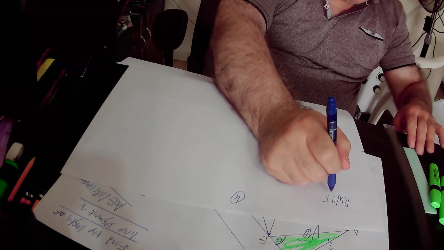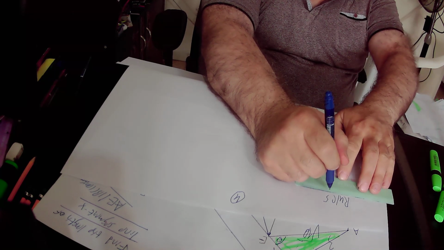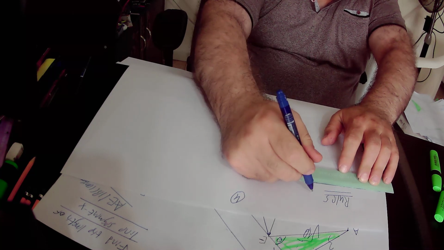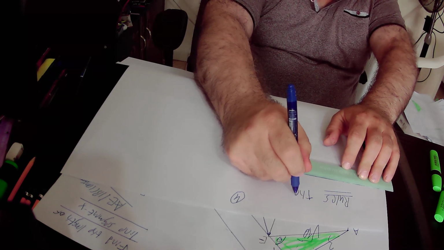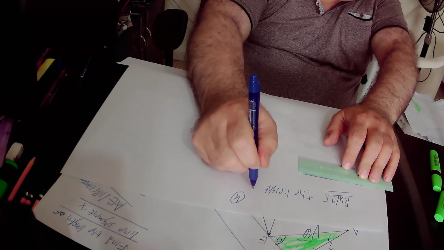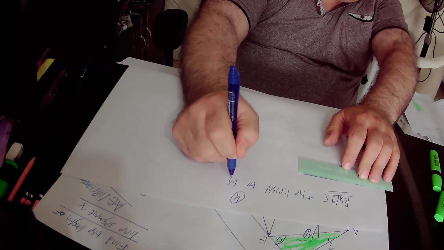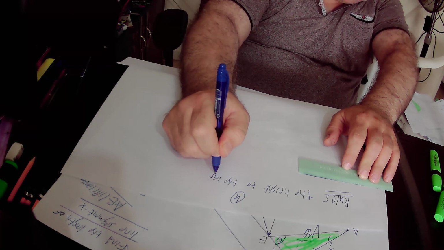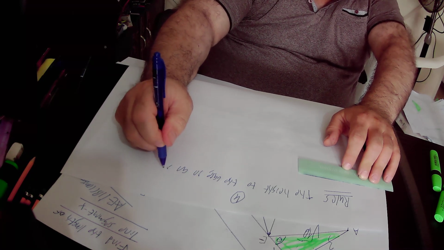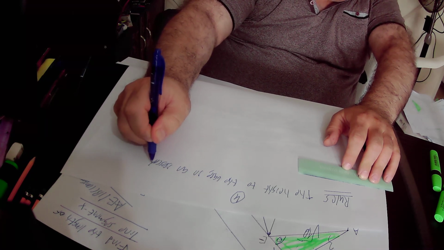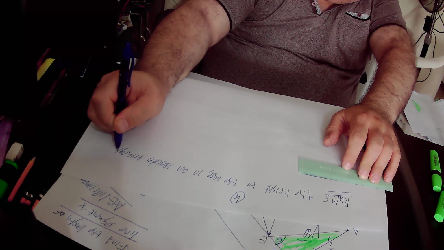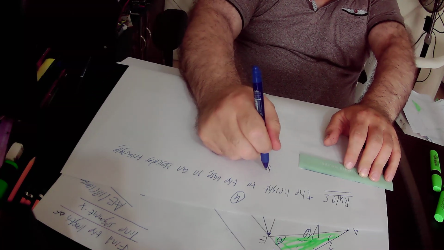According to rule number 5, the height to the base in an isosceles triangle bisects the base. So write it down: the height to the base in an isosceles triangle bisects the base.